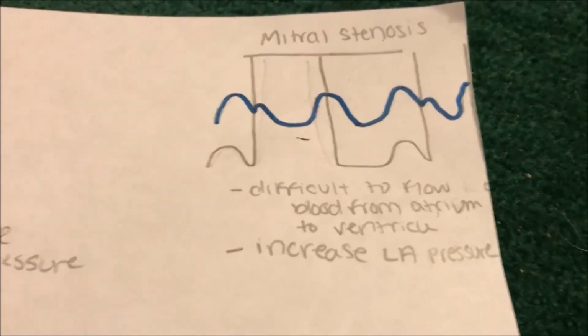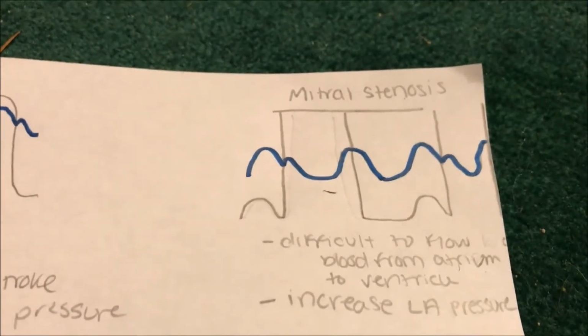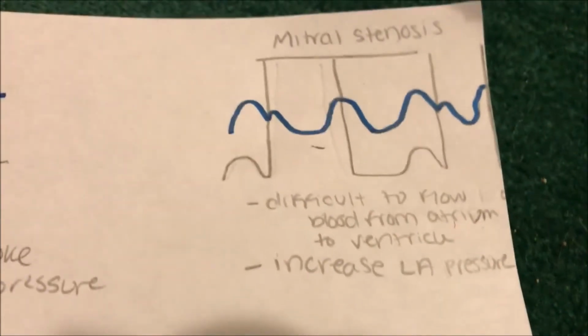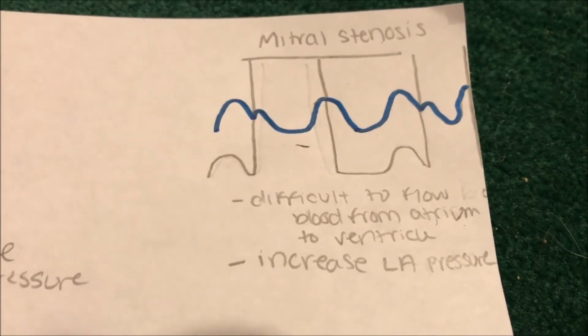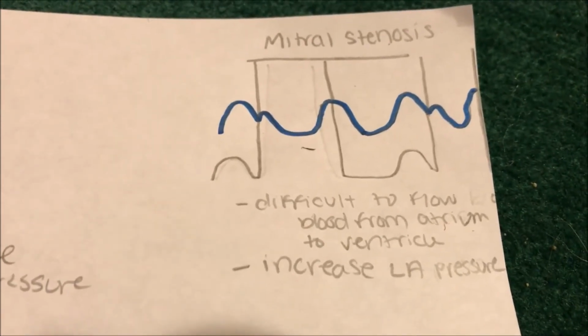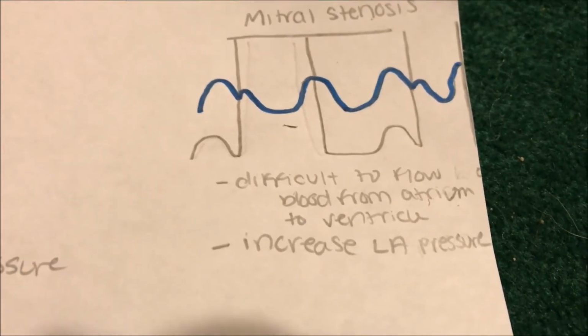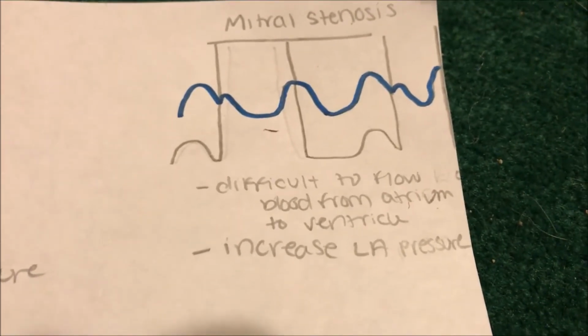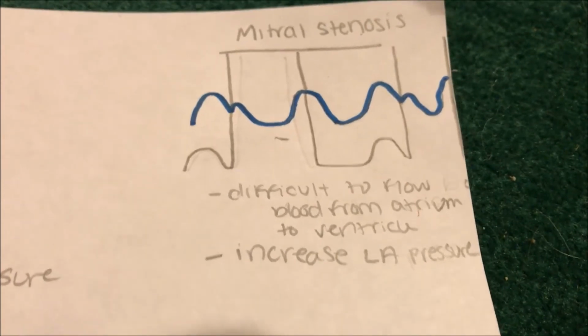There is a tight space, so it's not completely open and there is blood still in the atrium when it should be in the ventricle. The increase in LA pressure, left atrial pressure, is the same reason. There's a lot of blood in the atrium when it should be in the ventricle because of the tight valve. So that is what mitral stenosis looks like.